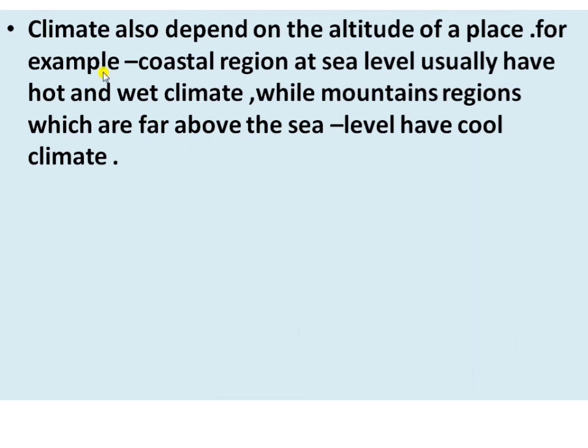Next, climate also depends on the altitude of a place. For example, coastal regions at sea level usually have a hot and wet climate, while mountain regions which are far above sea level have a cool climate.